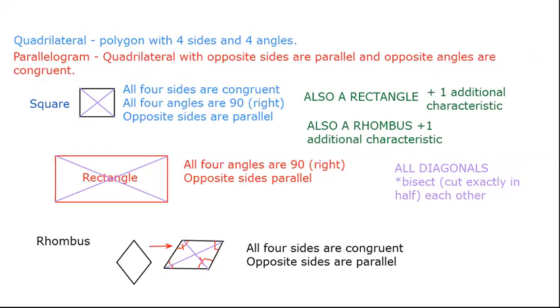When we look at the diagonals of a rhombus, specifically a rhombus, they will always form 90-degree angles. So in a rhombus, these diagonals always form a 90-degree angle.